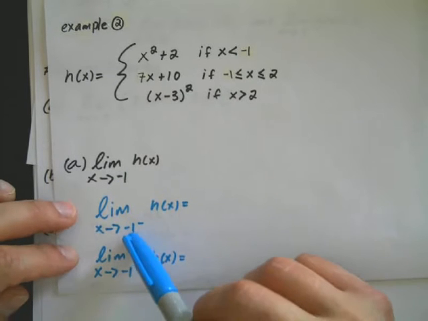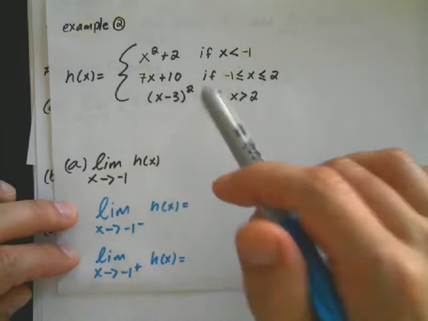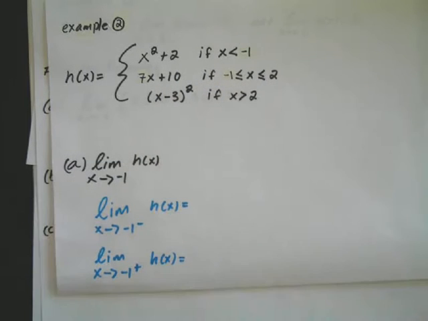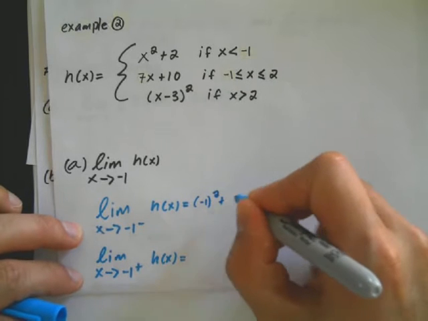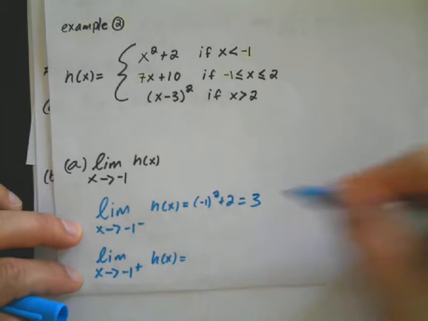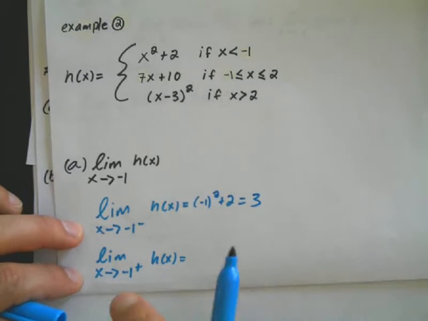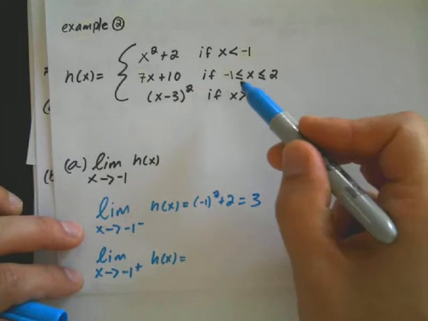If I'm approaching -1 from the left, that's going to be the top definition, all the things that are to the left of -1. So that means I get to plug in -1 squared plus 2 to give me an answer of 3. For -1 from the right, that's a little bit past -1, but then going back towards from the right.